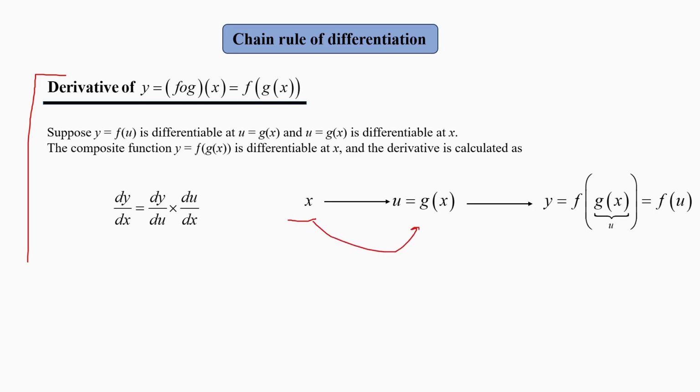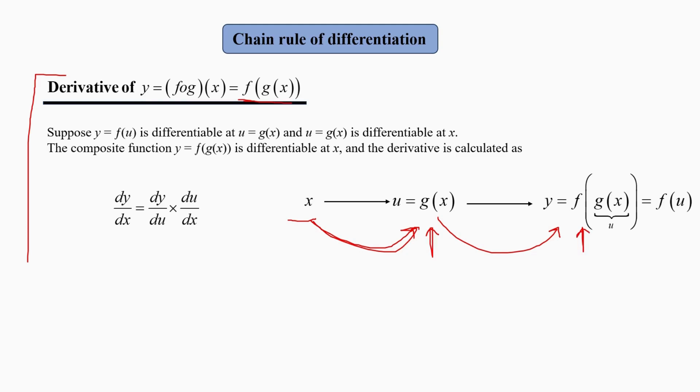Like here in y equals f of g of x, x first goes to g and then goes to f. So there are layers, right? The inner or first layer is g and the outer or second layer is f. We usually call g the inner function because it is applied first, and f the outer function because it is applied second.